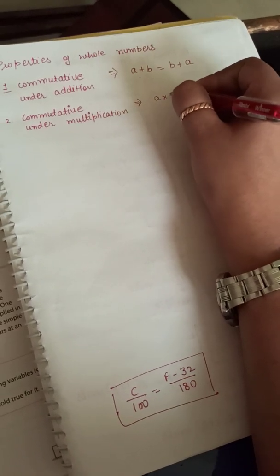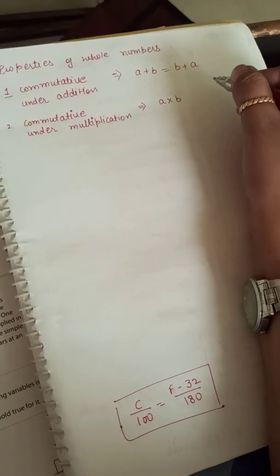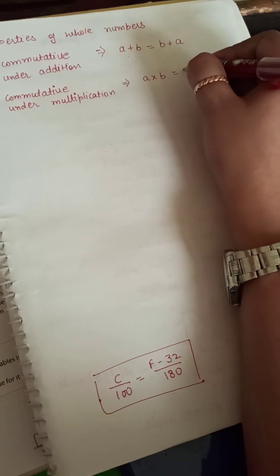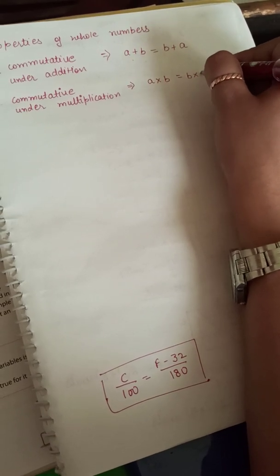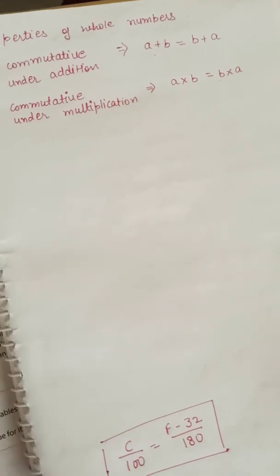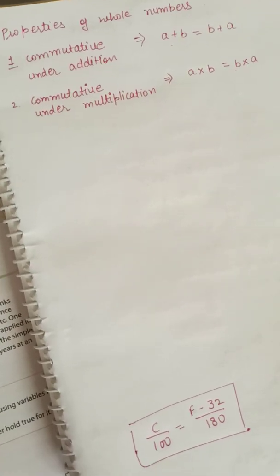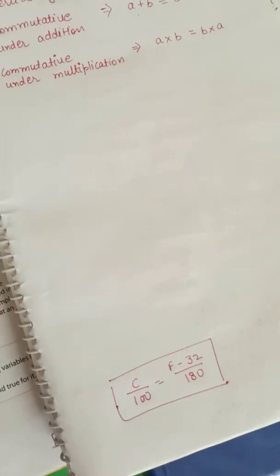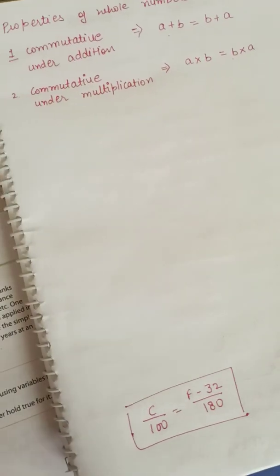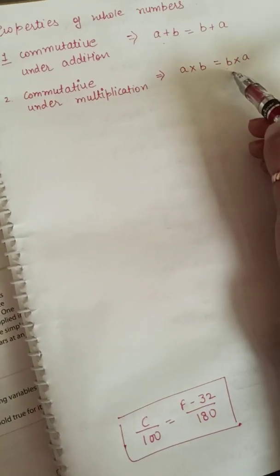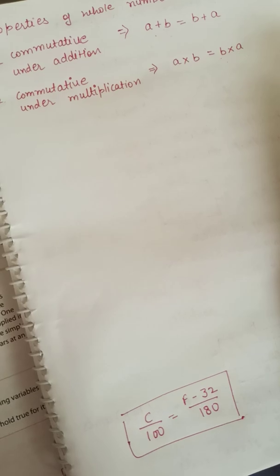If you multiply first and second number, then the product is equal to the multiplication of second multiplied with first. I can say in commutative under multiplication, the product of first number multiplied with the second is equal to the product of second number multiplied with the first.